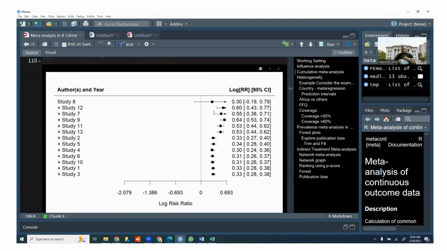Which tells us that very early in time, the effect of mass media campaigns on whether people are consuming adequate amounts of fruits and vegetables was significant very early.